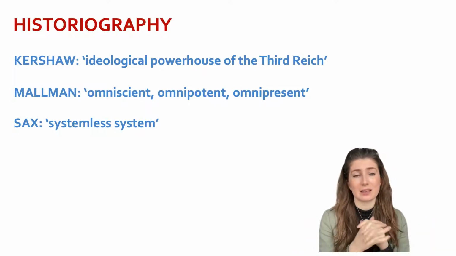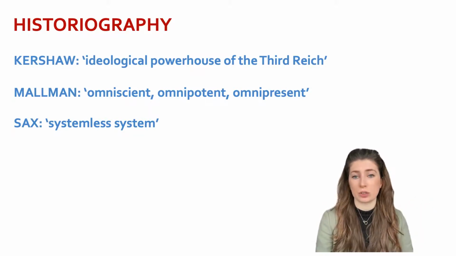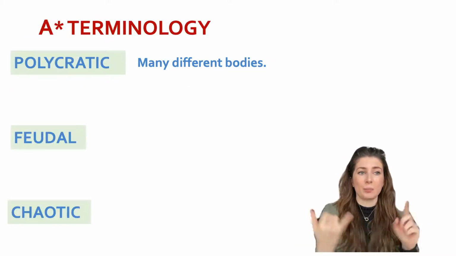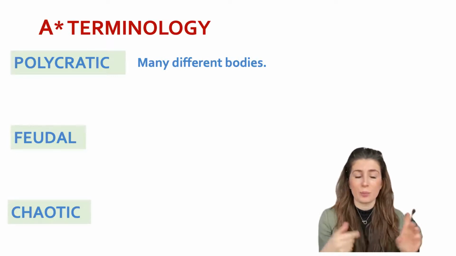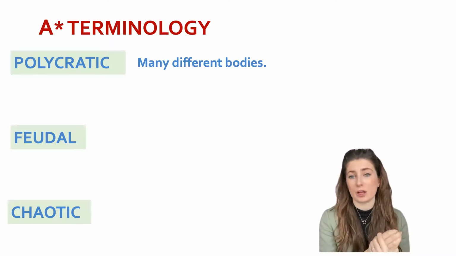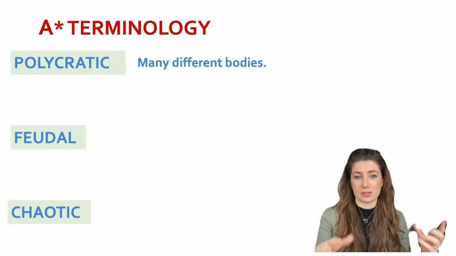To access the A-star, some really good terminology you can use to describe the police system is polycratic, feudal, chaotic. Polycratic means to have many different bodies. If a problem emerged, Hitler simply created a new body to deal with it, a new organization.